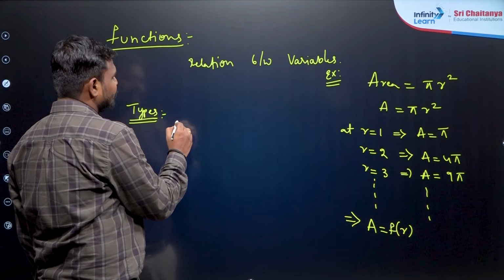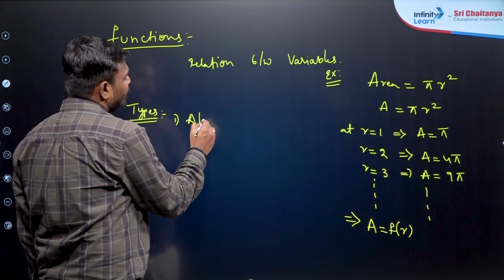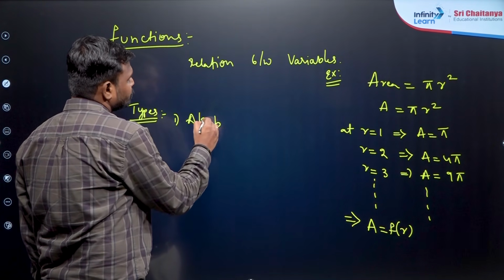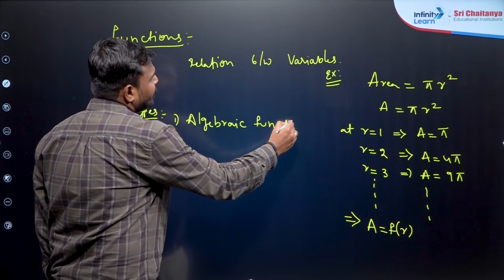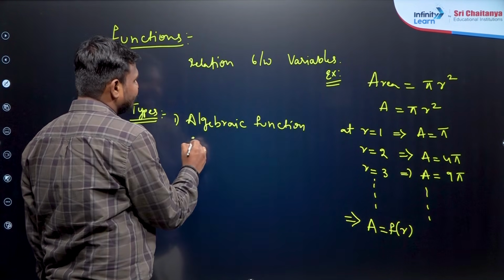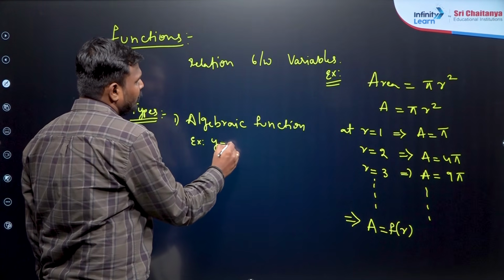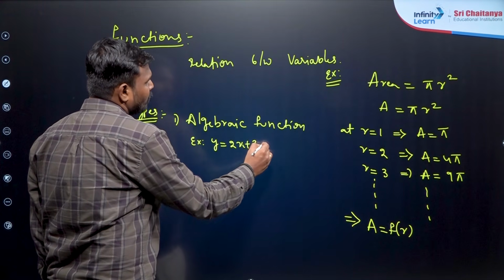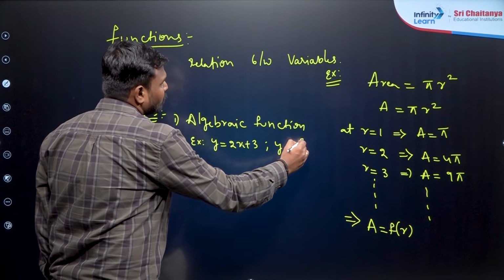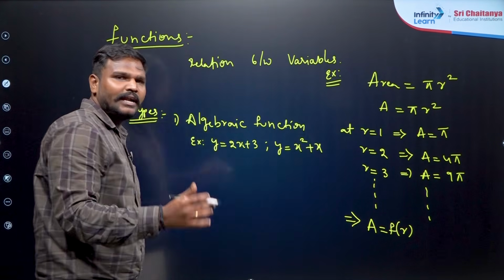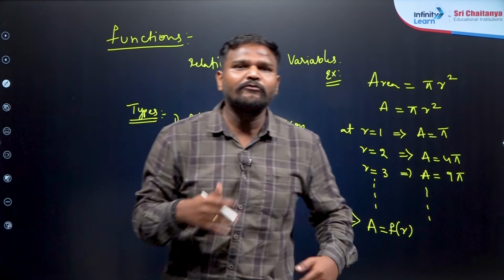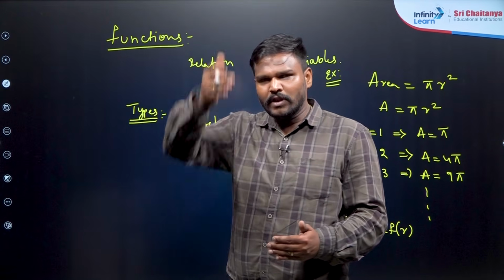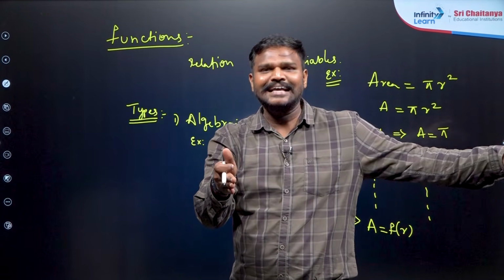What are the types of function? Let us say algebraic function, where we discuss algebra, for example y is equal to 2x plus 3 or y is equal to x square plus x. Generally for any function that we are dealing with, if we have to plot a graph, we will put y on the y axis as well as x on the x axis.